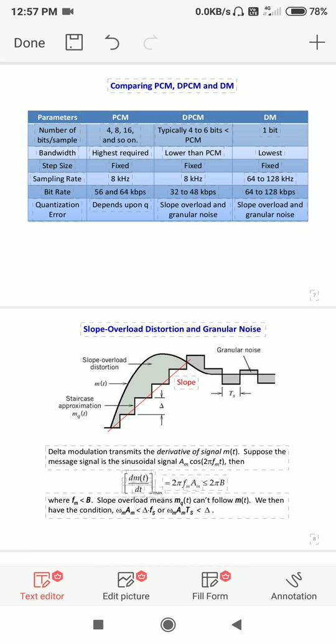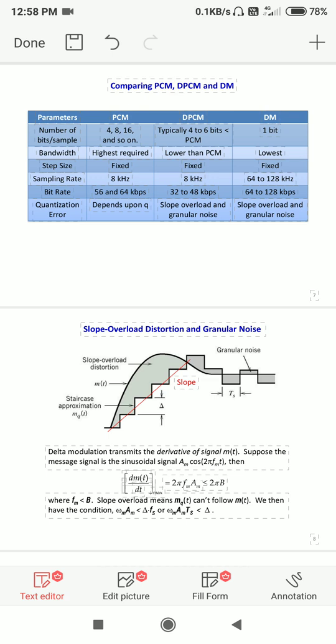So here is the comparison between pulse code modulation, DPCM and DM. The number of bits per sample can be 4, 8, 16 and so on for pulse code modulation. Right, so here we perform sampling, quantization and encoding. So encoding could be 4-bit encoding, 8-bit encoding, 16-bit encoding in PCM.